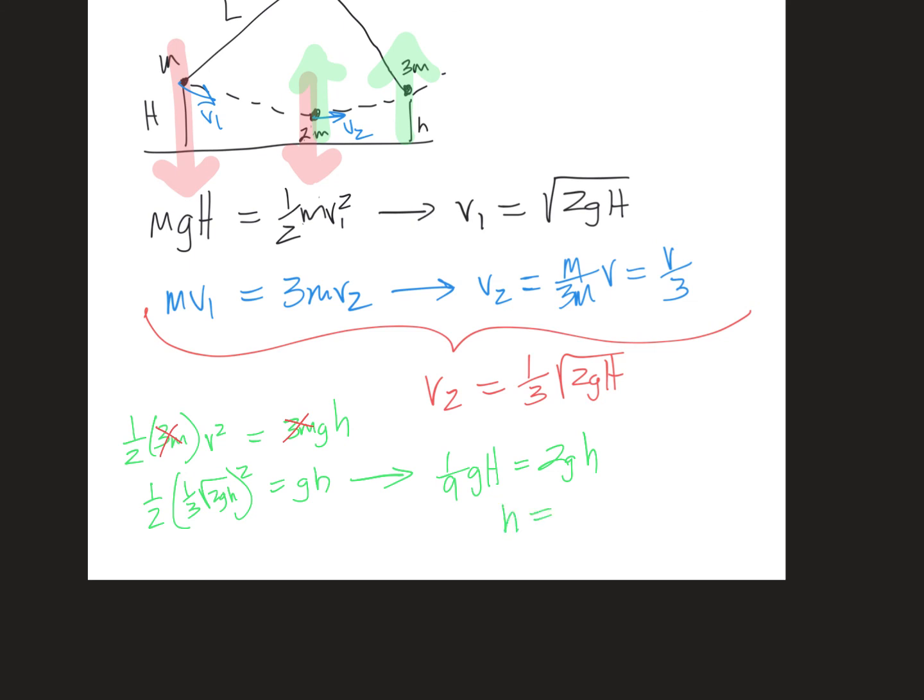So this little h height that we were interested in ends up being just 1/9 of the original, because these drop out, and the 2's, I should have a 2 in there, so forgive me for my notes, but it should be h/9. I lost a 2 somewhere in this.